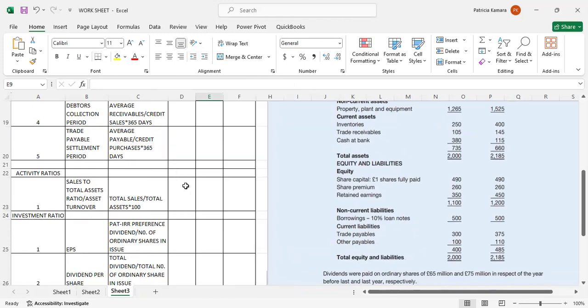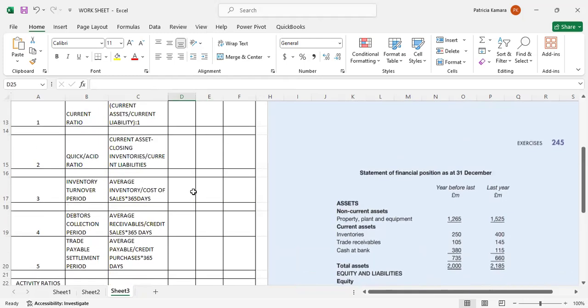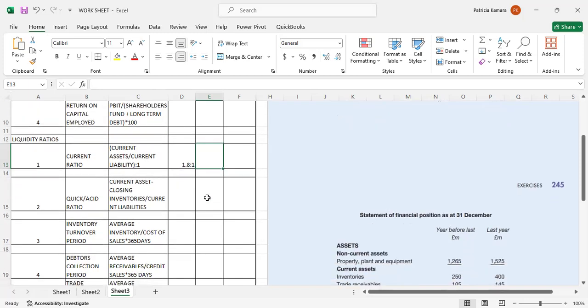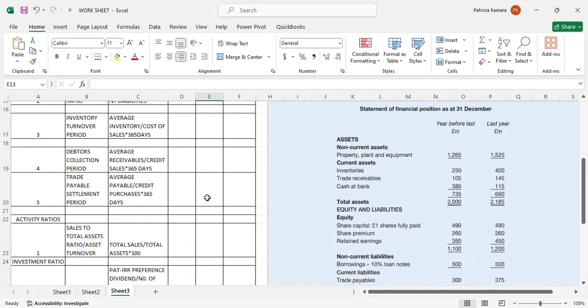Okay, so 1.8 is to 1. So what does that tell you? It tells you that we are able to use our current assets to meet our immediate or short-term obligations, which is a good thing, right? It's a good thing.